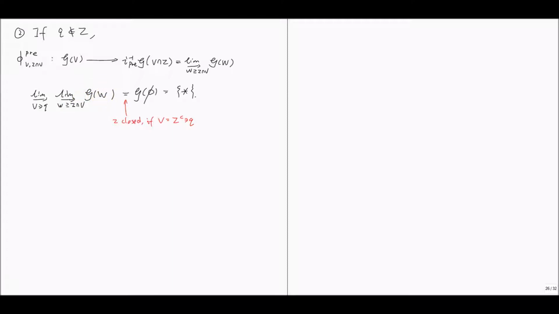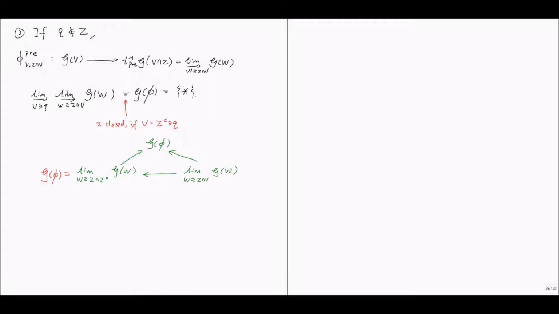But this is not a very rigorous proof. To rigorously prove this, you need to draw a cone for the colimit and use a universal mapping property to prove this. In this case, this guy is already G of empty.